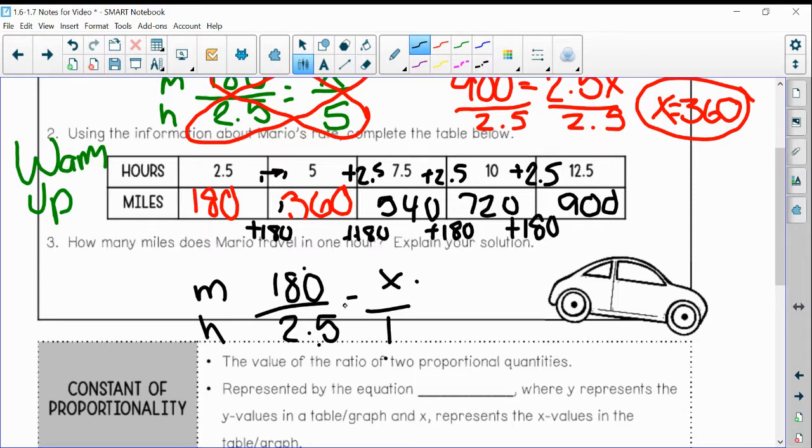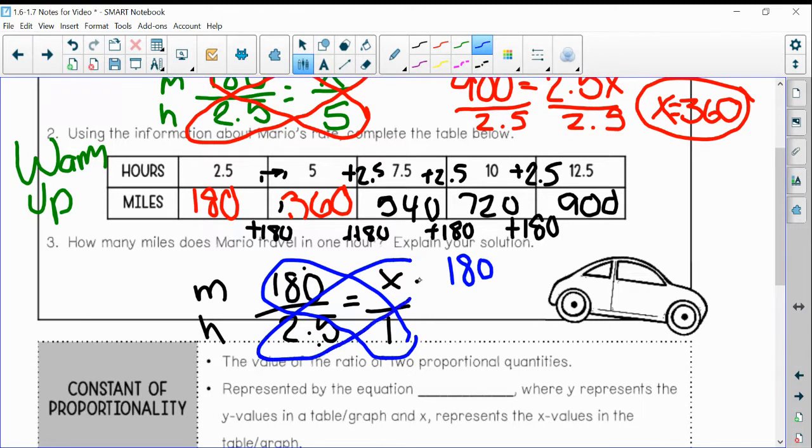Set equal to each other because we moved at a constant rate, so they're proportional. Do our butterfly, 180 equals 2.5 times x. So 2.5x. Divide both sides by 2.5 to solve for x. And in 1 hour, he can go 72 miles.